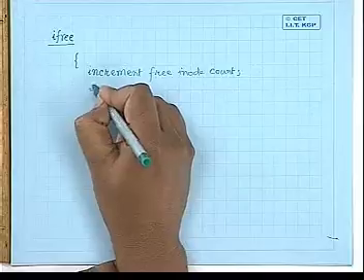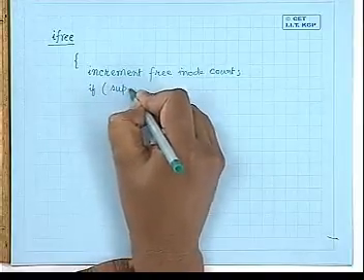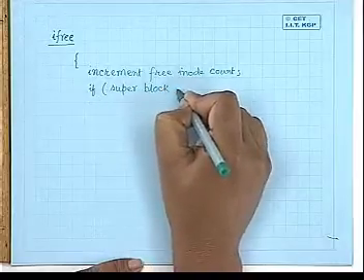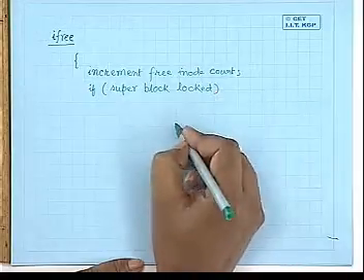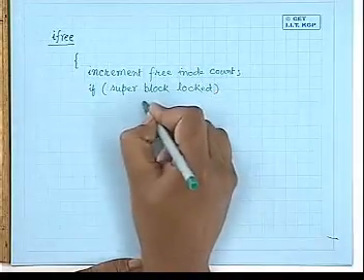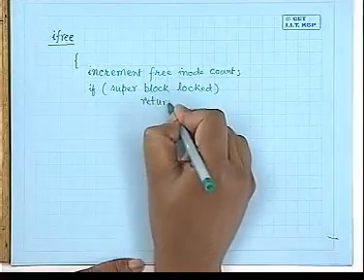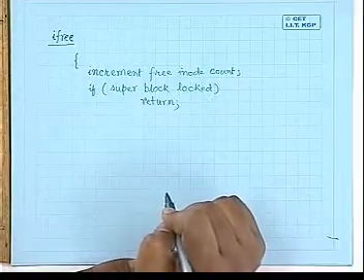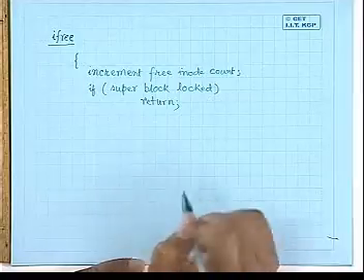Then you check if the superblock is locked or not. If the superblock is locked, you don't do anything, and simply return from this algorithm. In earlier cases, we have seen that when a process requests an inode and finds the superblock locked, the process goes to sleep.